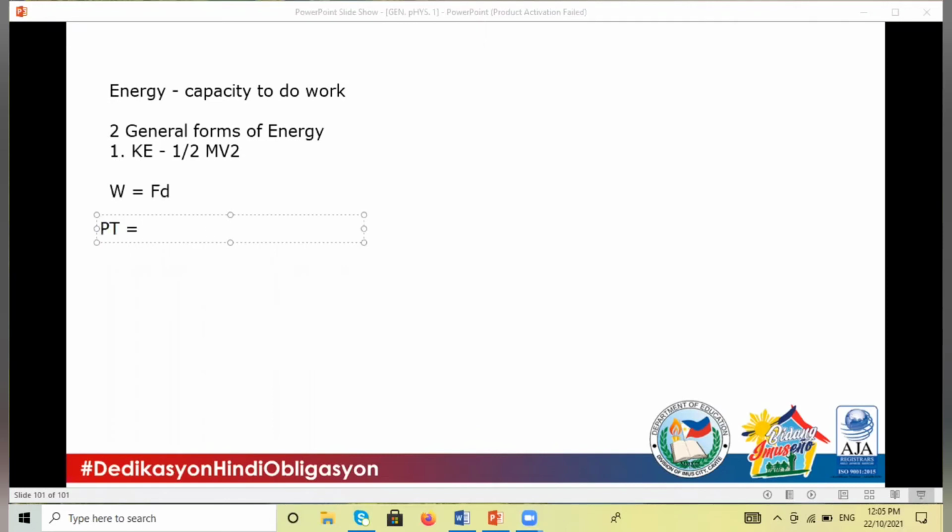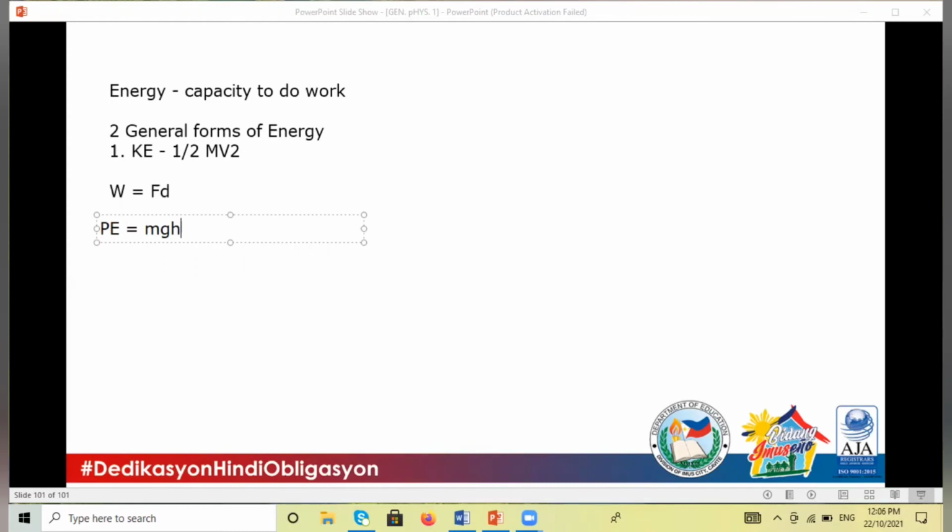Potential energy is the energy possessed by an object due to its position, or this is also known as energy at rest, mathematically expressed as the mass of an object times its acceleration due to gravity because of its position and height. So this energy is commonly known as energy at rest.